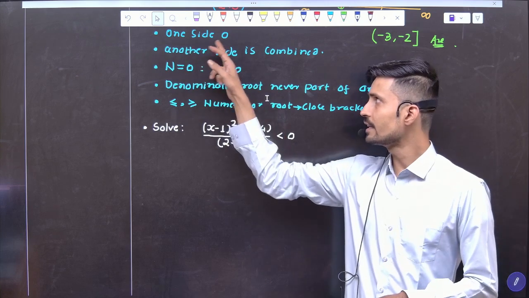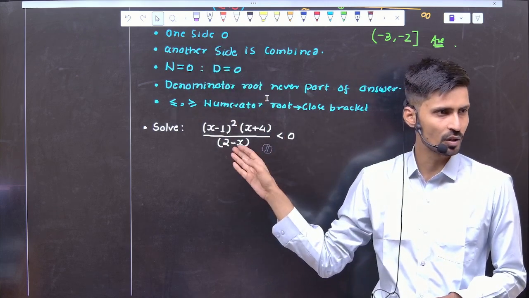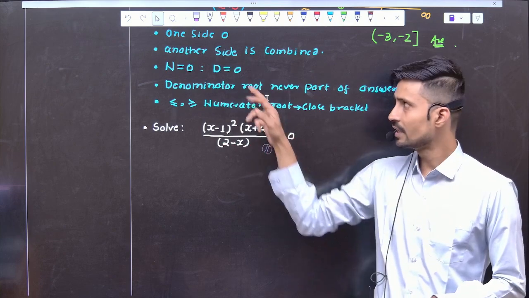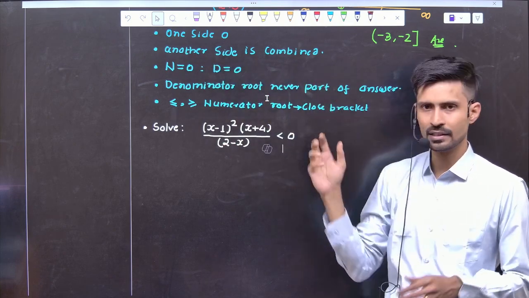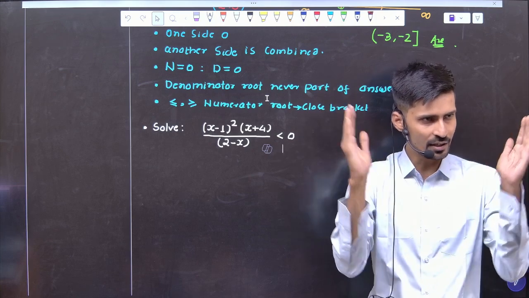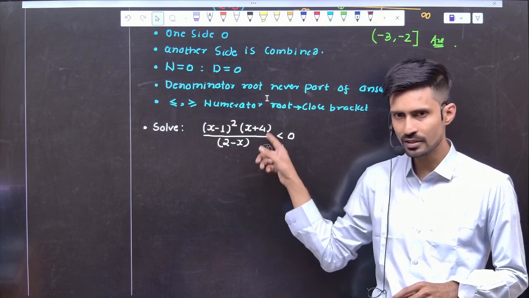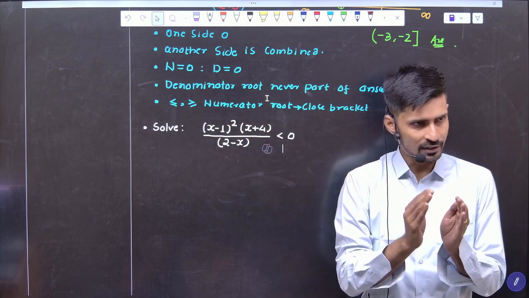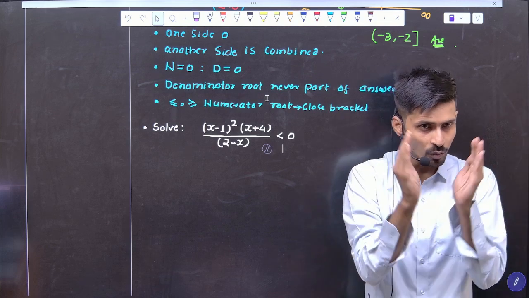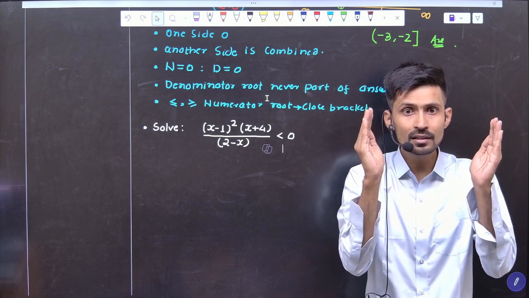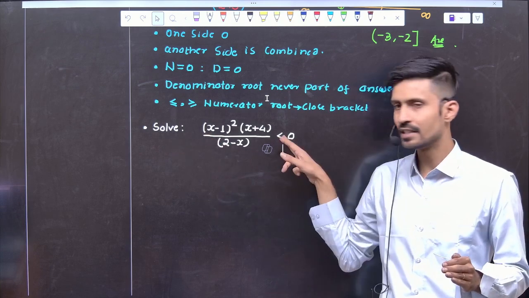First, one side should be 0. Tell me, is one side 0 or not? Very good. Next, the other side is combined. All should be combined and written in one place. It should not be separate. So tell me, are all things combined or separate? Combined. Combined means all will look like one, when a total division sign is there.